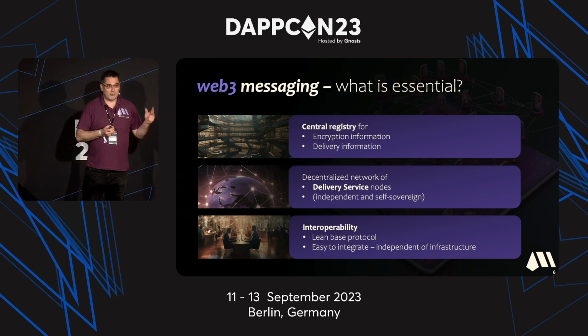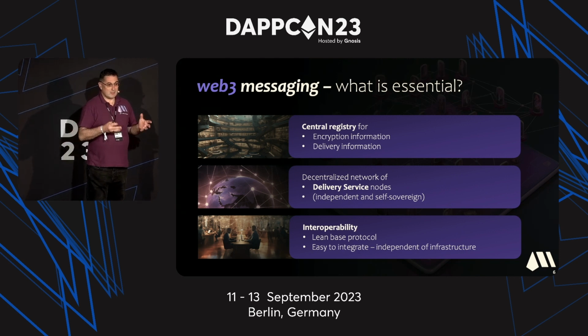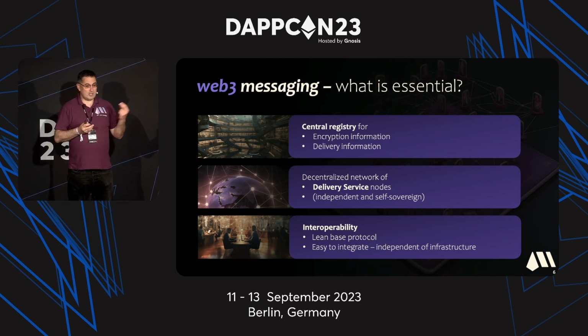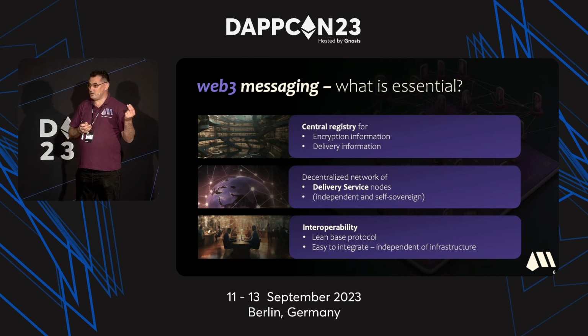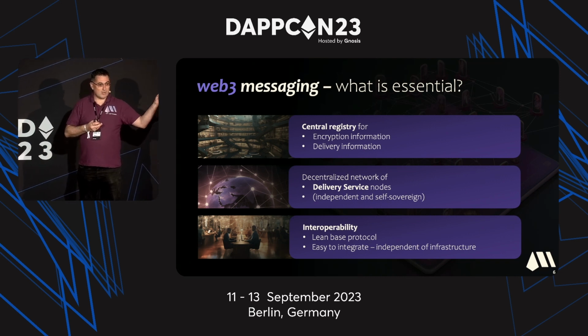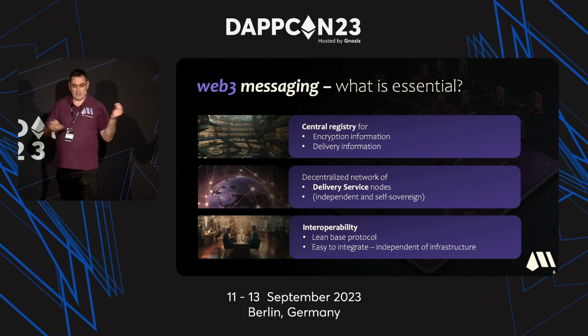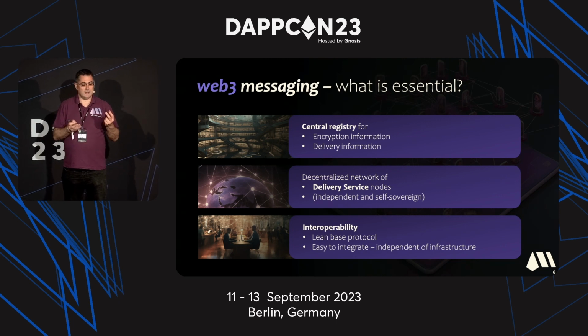The second thing we really need is a decentralized system. We are using a decentralized system of independent nodes which act as relays for the messages, so that if I want to send a message, I look into the registry, get the information where to deliver, and then this delivery service node relays this message until the receiver picks it up. And nothing more is needed in this network.